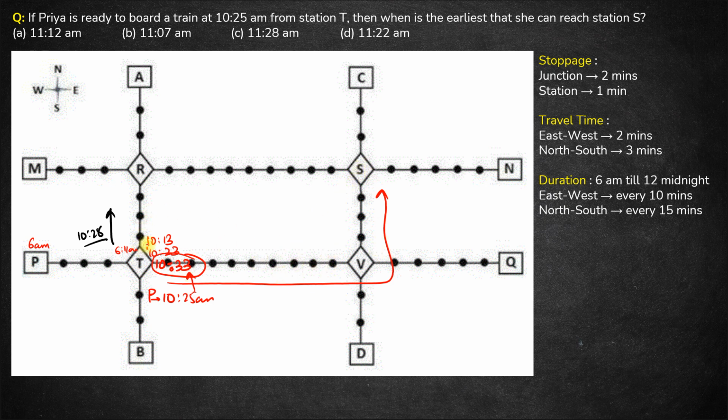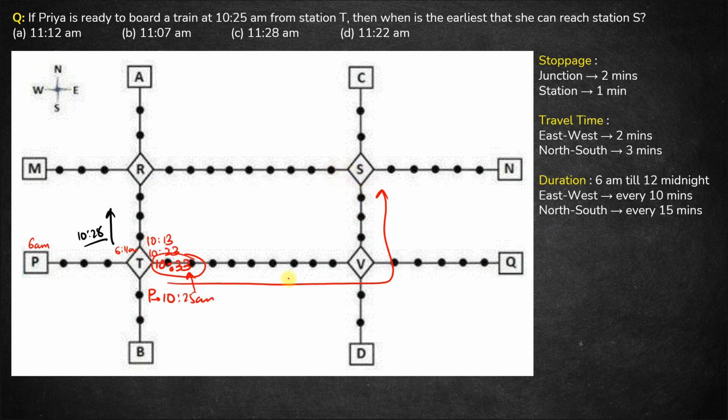The time she spends inside the train to go from T to R is going to be the same as for V to S, and the time taken to go from R to S is the same as the time taken from T to V.